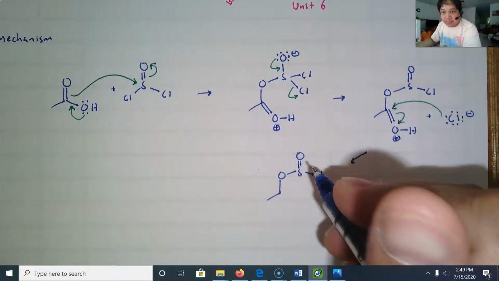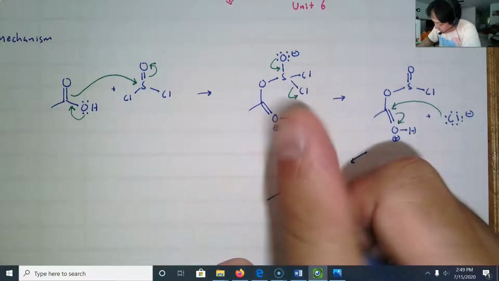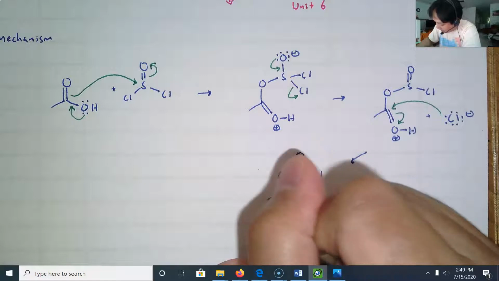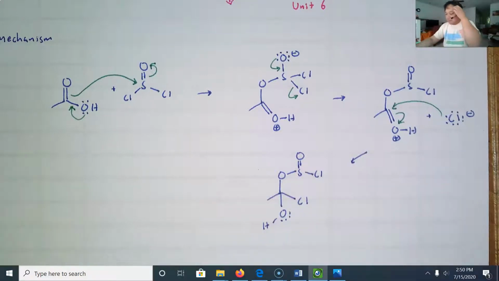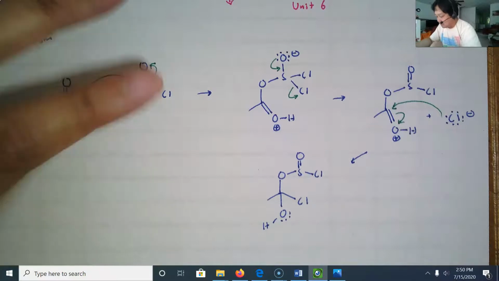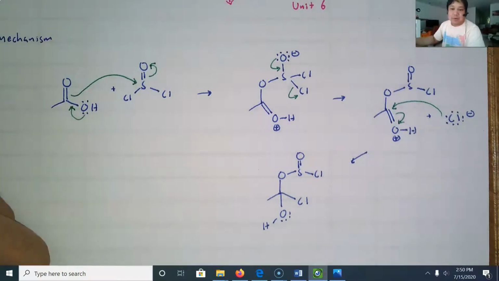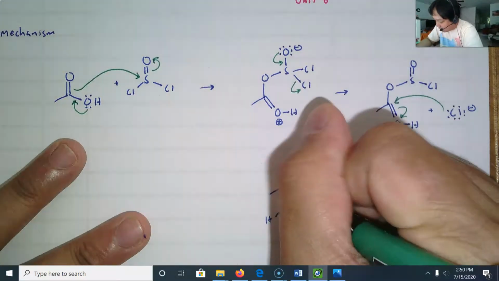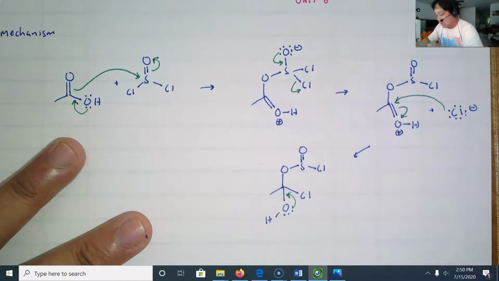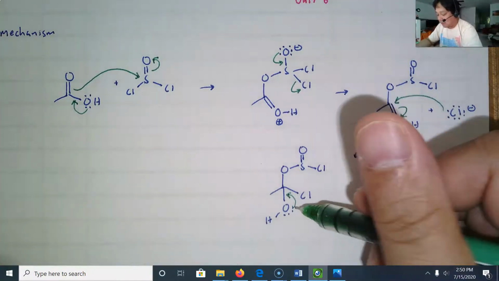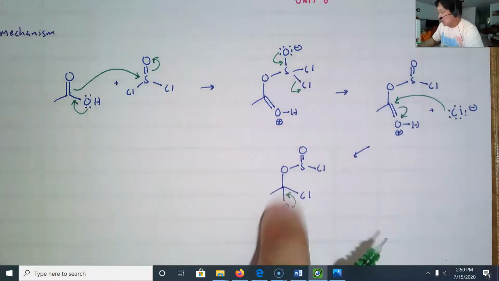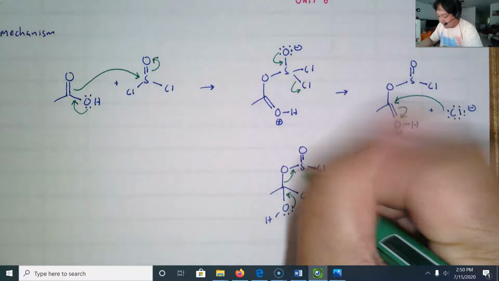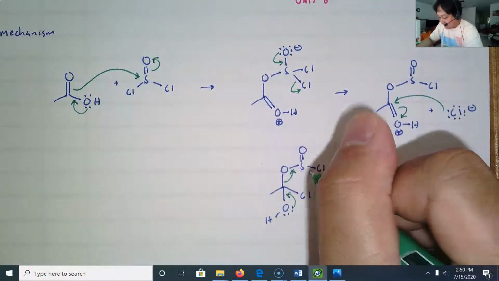And everything is neutral. Now this is where the leaving group leaves. We're going to form a double bond. I call this internal lone pair to kick out this group. And a cascade effect is going to happen where that gets kicked out, but also this chlorine leaves.